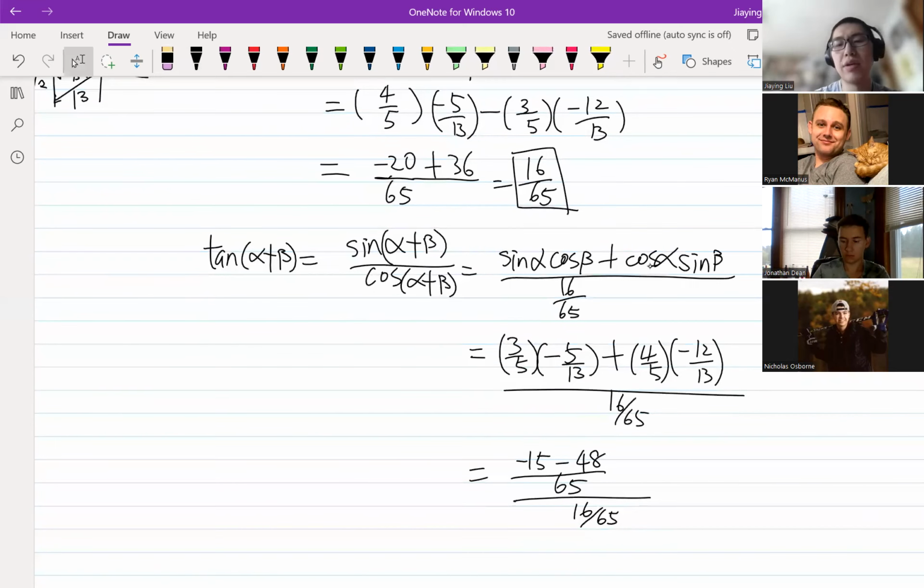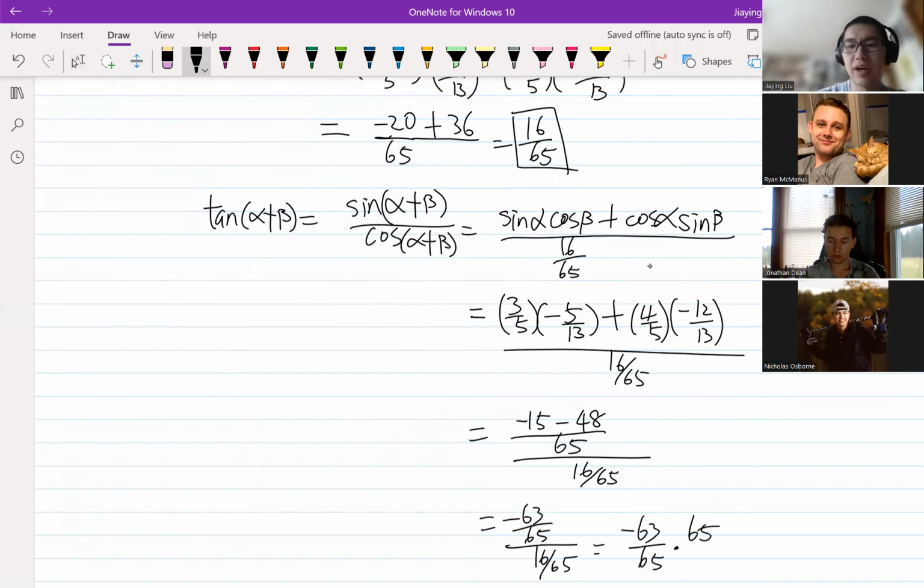That's negative 15 minus 48, which is negative 63 over 65 divided by 16 over 65. We multiply by the reciprocal, so we get negative 63 over 65 times 65 over 16, and we get negative 63 over 16.